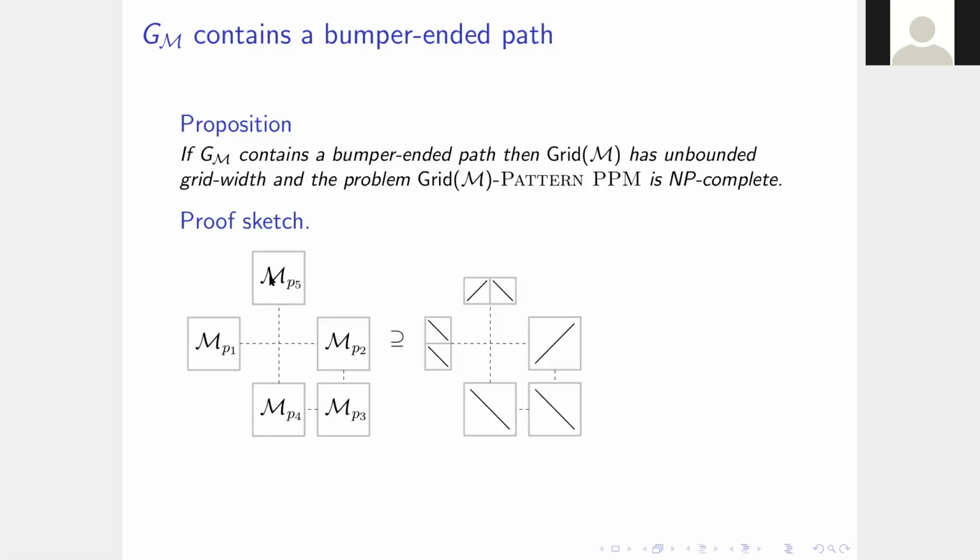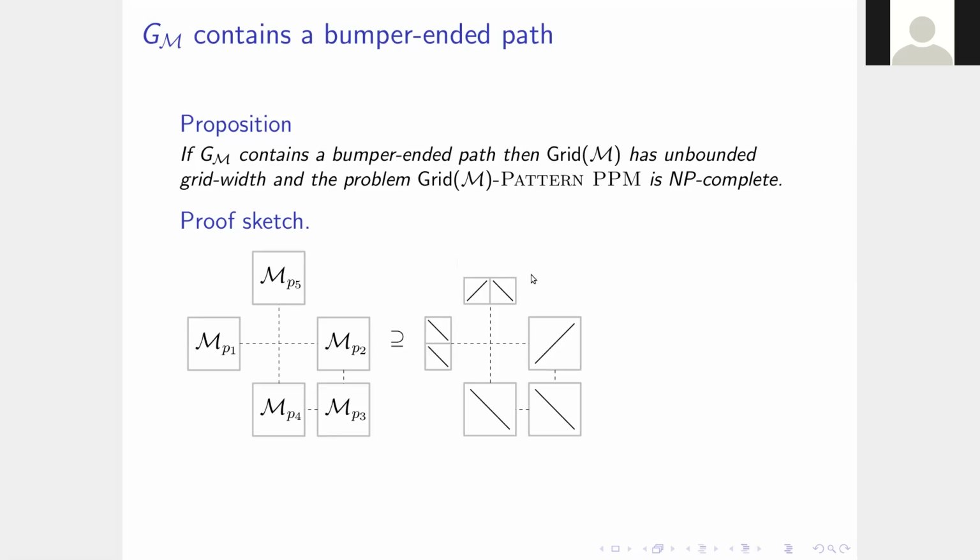Since it's a bumper-ended path, we can replace these end vertices with the monotone juxtapositions. And since everything in between are infinite classes, we can replace them with either an increasing or decreasing class. And so we obtain this, which is a subclass of the original class.